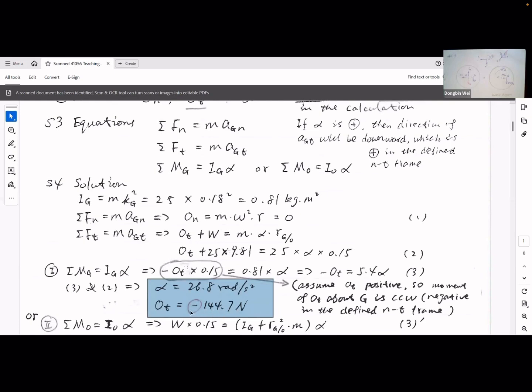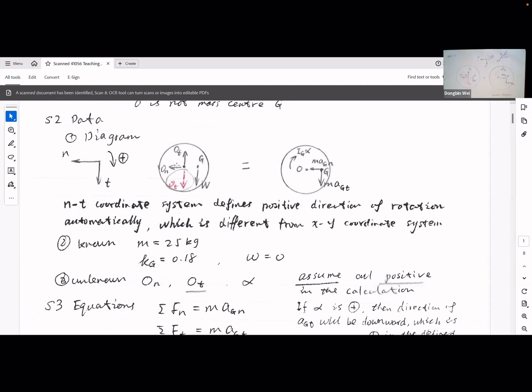What does this mean? This means this OT should be negative, upward, according to the system. Upward is negative. So OT should be negative. The assumed positive direction of OT is wrong. OT should be upward instead of downward.